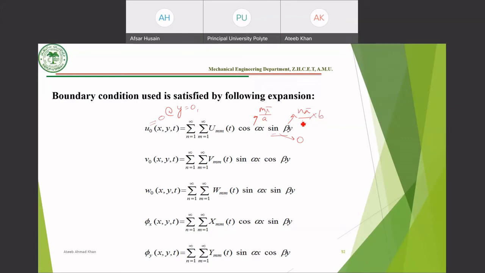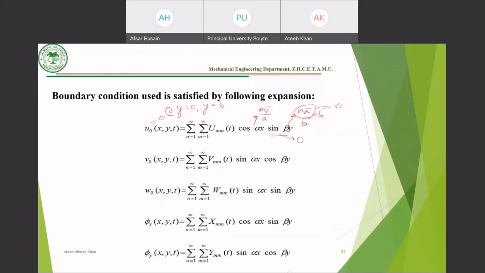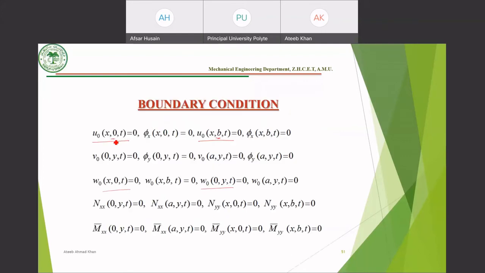So this will cancel out and you will get sine n pi, which is again equal to 0. So your u naught is equal to 0 at y equal to 0 and y equal to b. This was basically the boundary condition which we need to implement with the assumed Fourier expansion, and this is very much true, as I have already shown you.